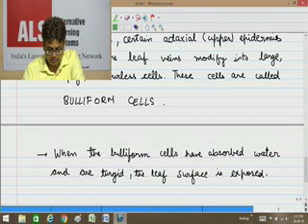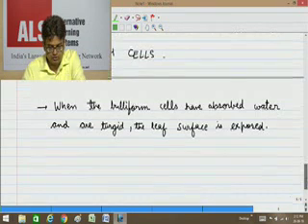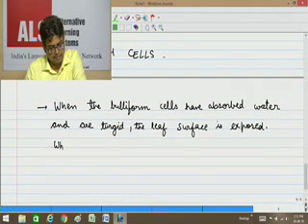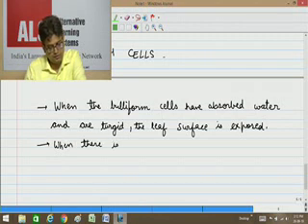When there is water stress, that means water is less, the bulliform cells will lose water.